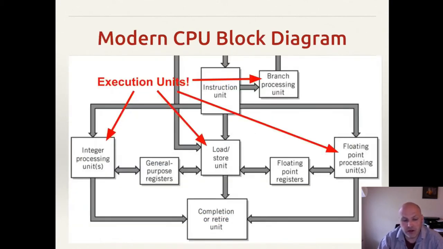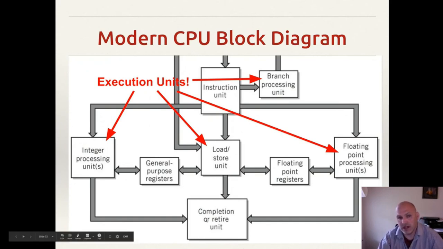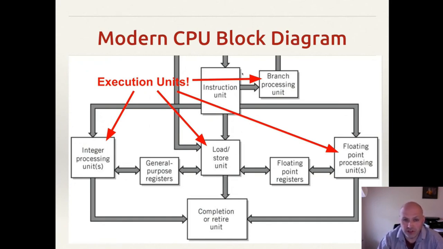So let's look at a breakdown of what this looks like in the hardware if we group it together. We have this instruction unit that decodes the instructions and makes decisions on where they should go once decoded. It can choose from specialized execution units based upon the decode.